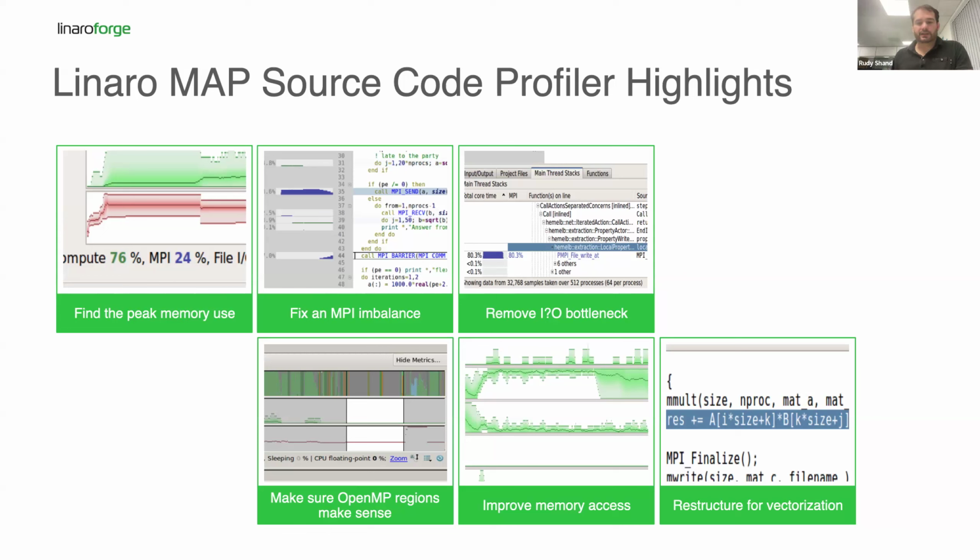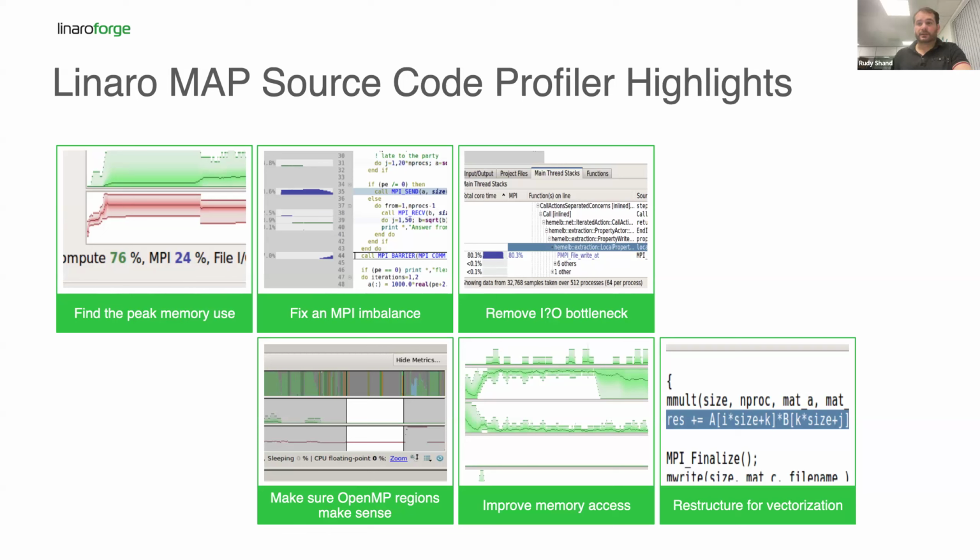You can also look at OpenMP regions, zoom into a specific region, and see if there's high synchronization there, which is usually denoted by the gray coloring in that area. If it's high synchronization, you might think, why is it so high? Is there anything I can do to reduce that?